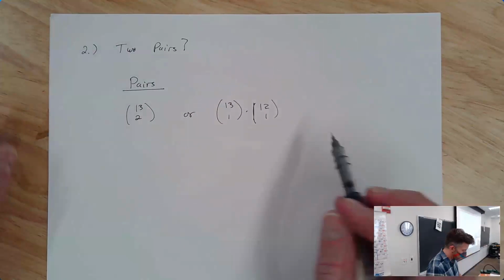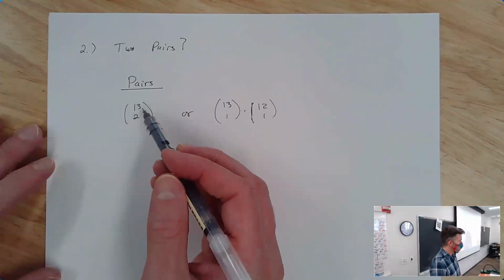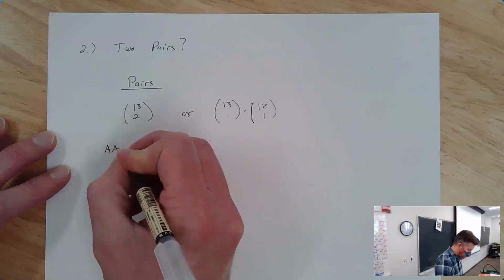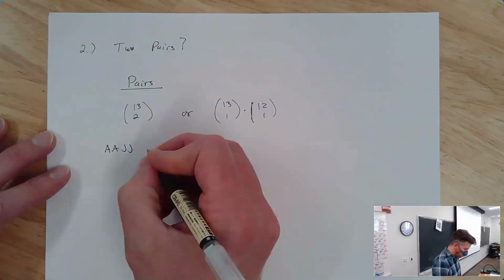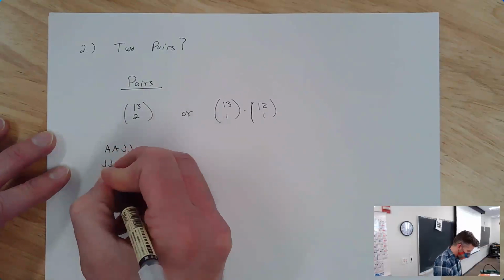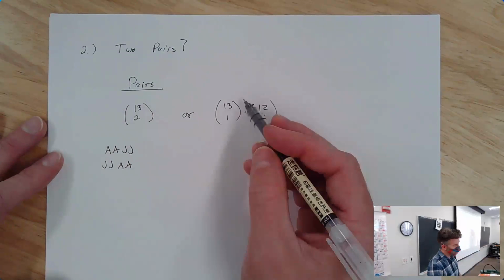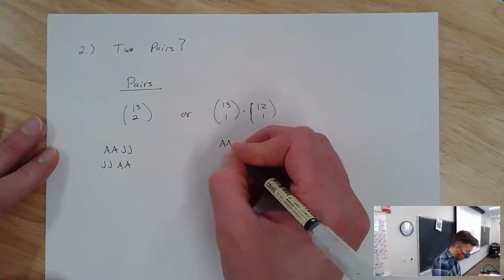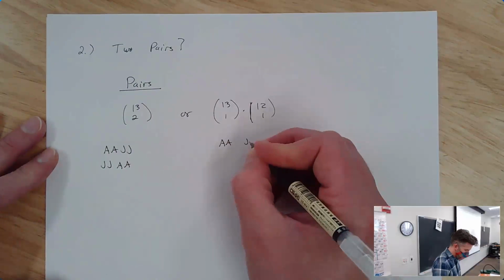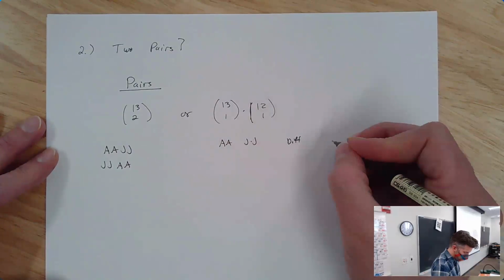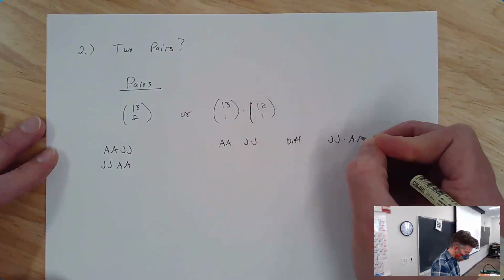So here's what this would be doing. I did 13 choose 2. It would be counting, say, ace, ace, and jack, jack, the same as jack, jack, and ace, ace. Whereas here I'm saying, well, first I'm picking one rank, let's say aces, then I'm picking the second rank, let's say jacks. That'd be different than doing jacks first, aces second.